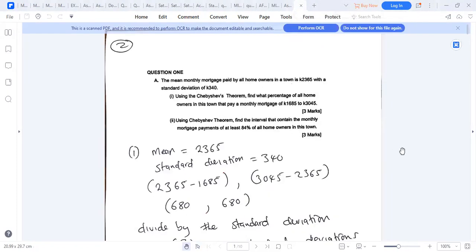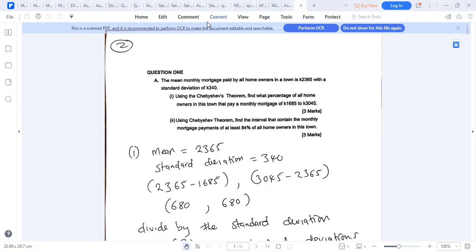We're told that the mean monthly mortgage paid by owners in a town is given by 2365 with standard deviation 340. Use the Chebychev theorem to find the percentage of homeowners in this town that pay a monthly mortgage of between 1685 and 3045.